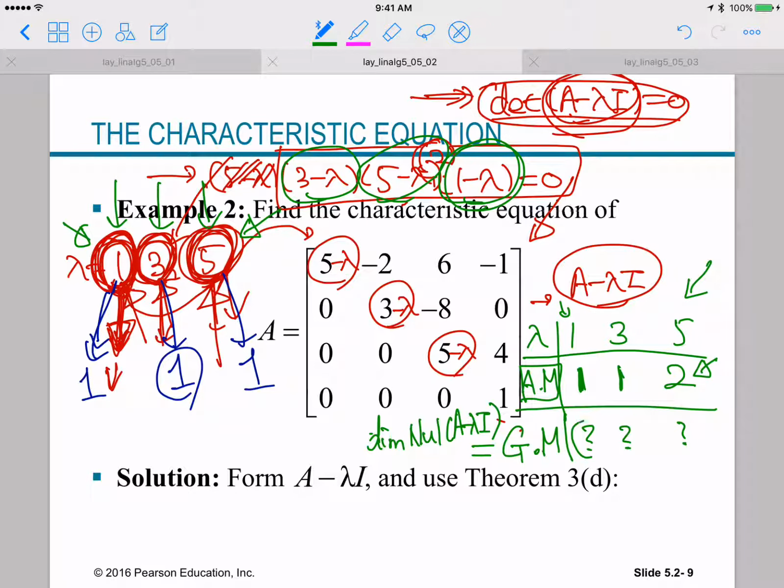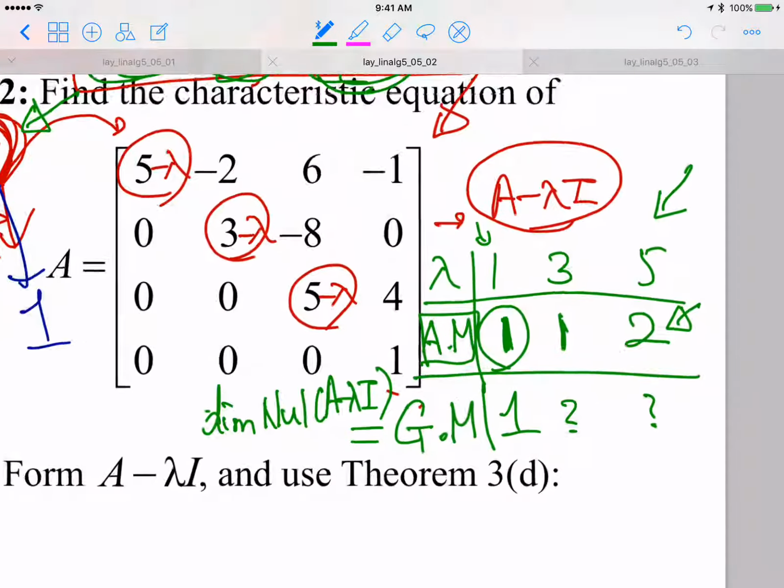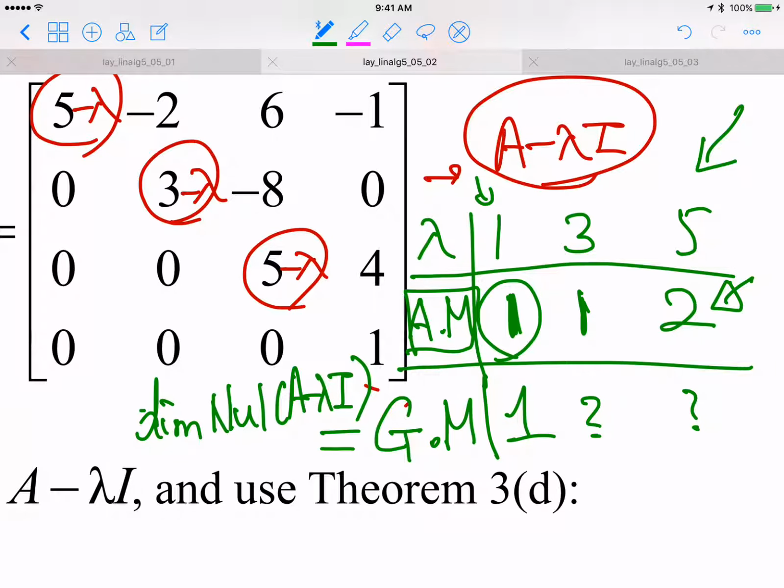So what will be the first value, the first question mark? It should be at least 1, but the maximum value is bounded by 1, because it has just 1 as algebraic multiplicity. So this first number will be 1, and likewise the second number will be 1. Then what about the third number?